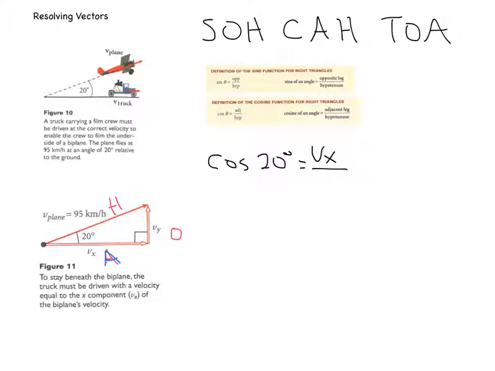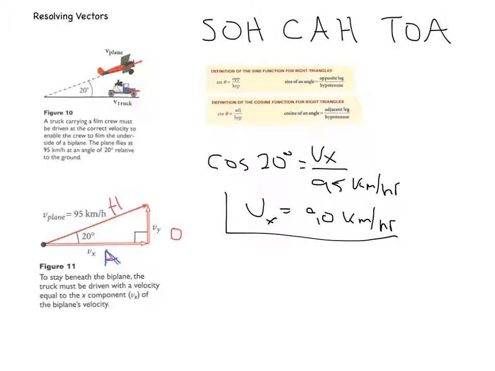The hypotenuse here is 95 kilometers per hour. We can solve this for x by multiplying 95 to this side and finding cosine of 20. And we get v sub x is equal to 90 kilometers per hour. So the truck only has to go 90 kilometers per hour because that's the velocity of the plane in the x direction. It doesn't have to go 95 kilometers per hour, which is the speed of the plane in this direction.